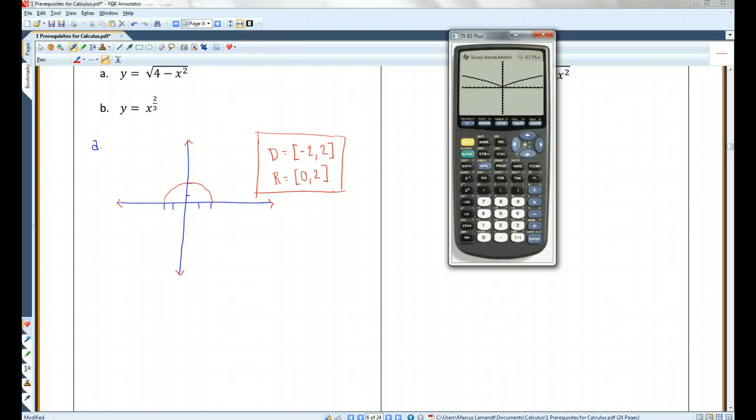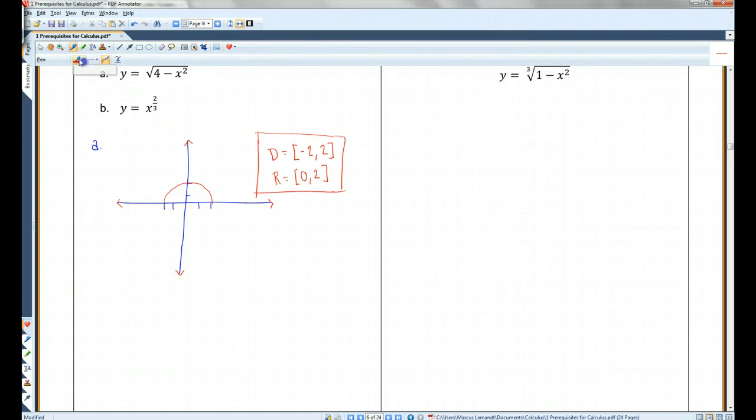Okay, let's go ahead and write that down. Imagine that's a straight line. Actually, I meant to do that in red anyway.